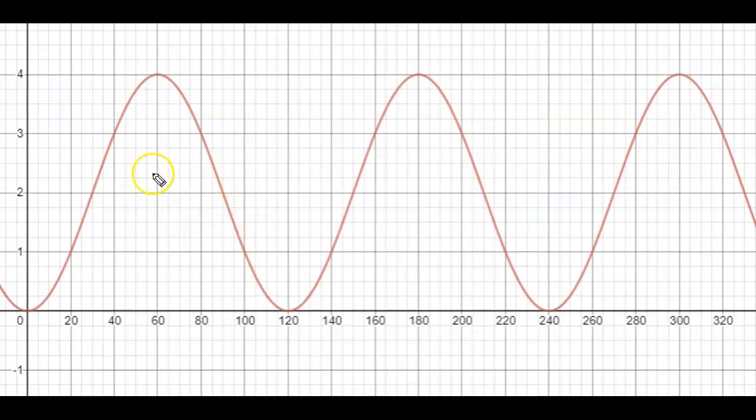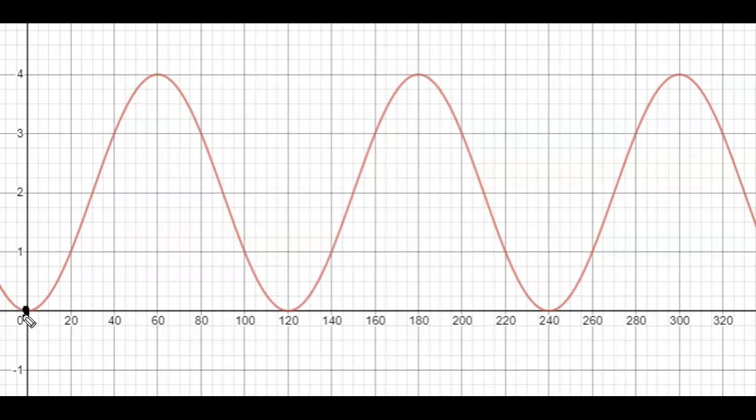For our next example, let's look at this graph. Things that I notice: it is starting here at the bottom of a wave. Well, sine starts at the middle of the wave, and cosine starts at the top of the wave. There's two ways you can think about this, and this is something that frustrates a lot of students.